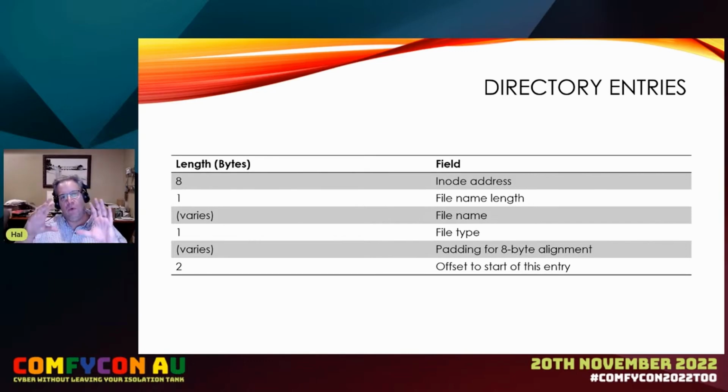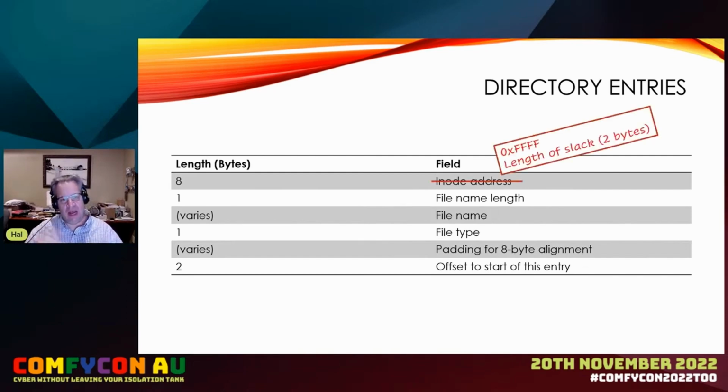Okay. So when a directory entry gets deleted, what happens is the inode address gets partially overwritten. The first 2 bytes of the deleted entry get overwritten with all ones, FFFF. That indicates that this is a slack region within the directory file. It's unallocated space.